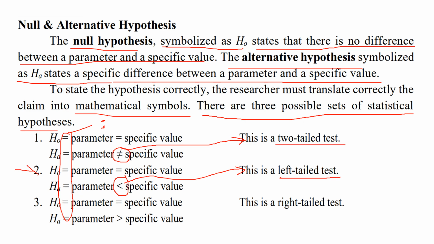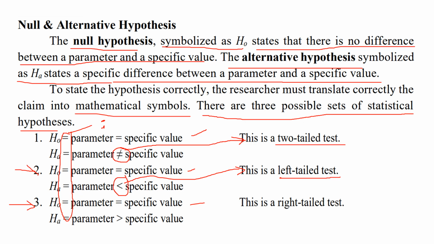Then for the third one, same with your H0 colon parameter is equal to your specific value. As you can see, your null hypothesis in the three conditions is the same because your null hypothesis shows equality between your parameter and your specific value.